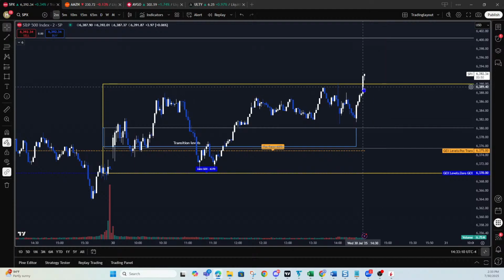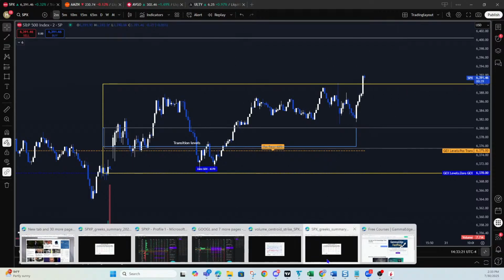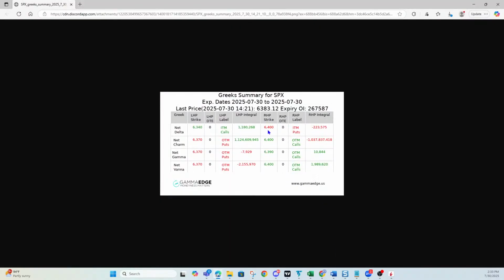You can see as you drive through that 63.90 that response where the highest sensitivity area is, that we've outlined within that overall net stack command that we just went over. So 6,400, 63.90, highest net gamma level. Driving through that area, and then 6,400 is the highest sensitivity area to the upside, where we actually have some in the money puts come in, and then those out of the money calls charm.